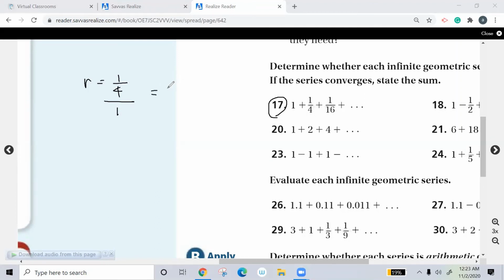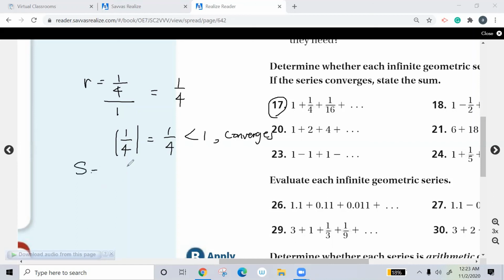So 1 over 4 divided by 1 is 1 over 4. So our common ratio is 1 over 4, and the absolute value of 1 over 4 is 1 over 4, which is less than 1. So the series converges.